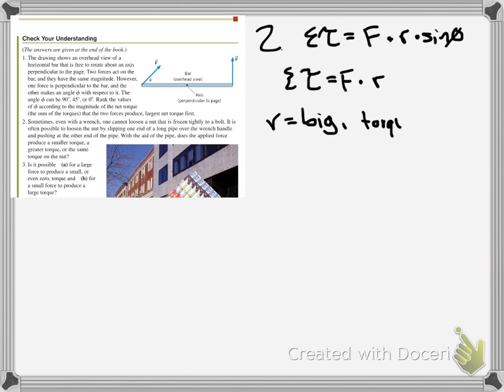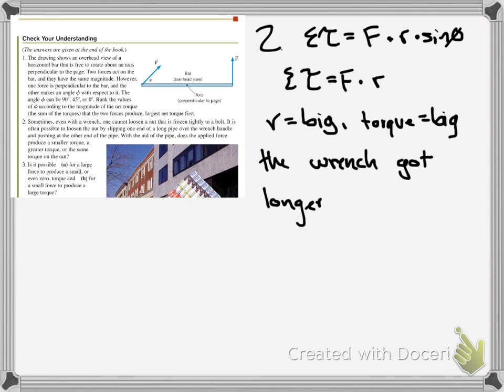So if R is big, torque is big. If R is small, torque is small. So if the wrench got bigger, which represents the radius, that means the torque got bigger. The answer is bigger.